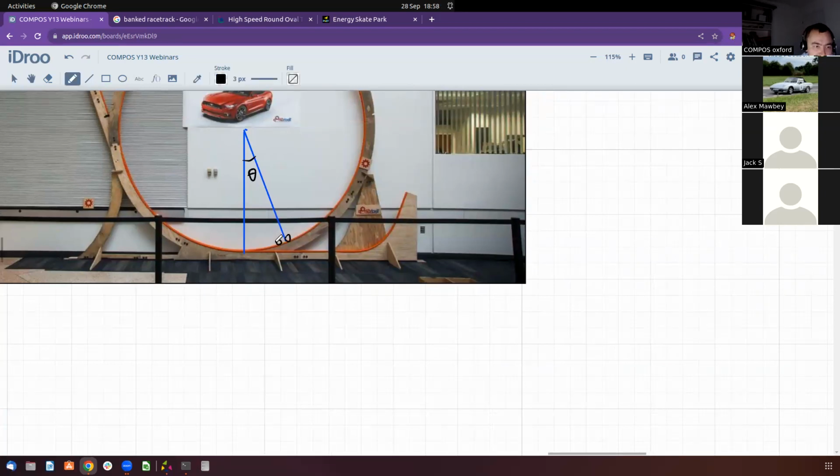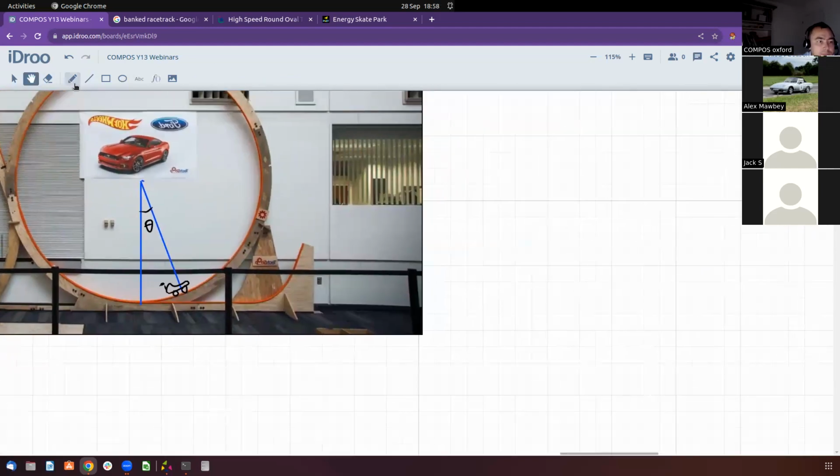This is the normal reaction. So this is the car, and we look at the car. This wonderful drawing of my car. And there's the normal reaction force, there's the gravitational force mg, and that's it. So we separate mg into components.